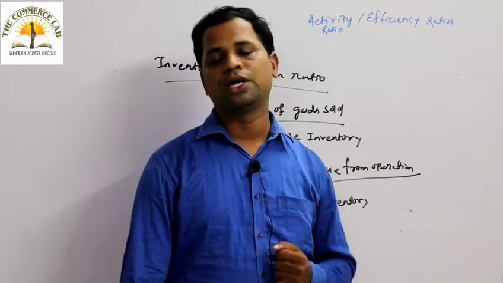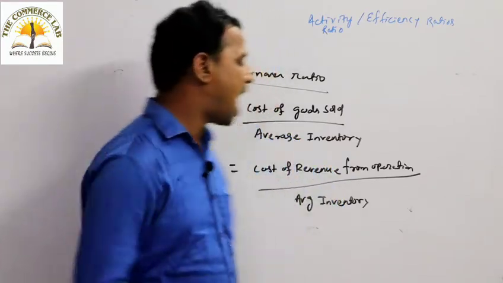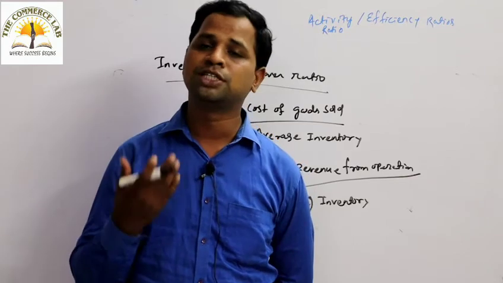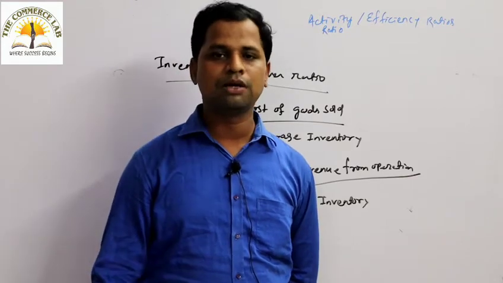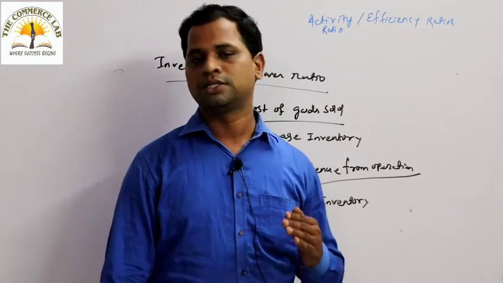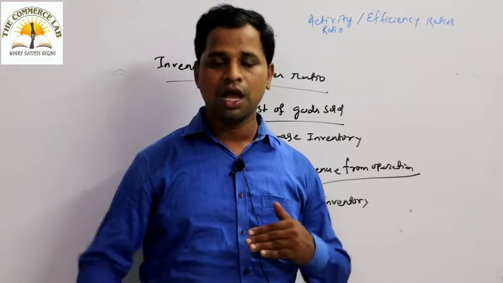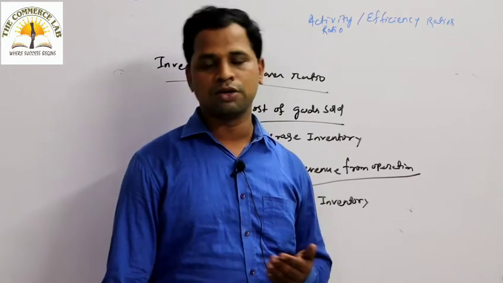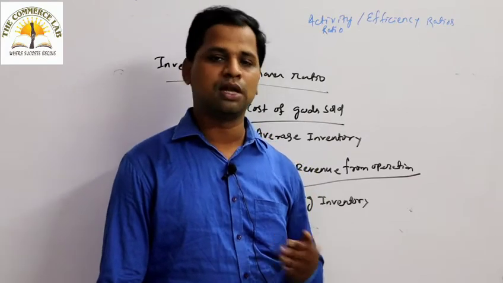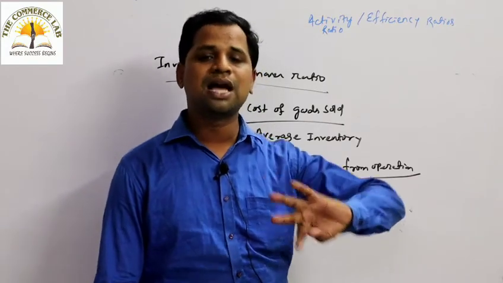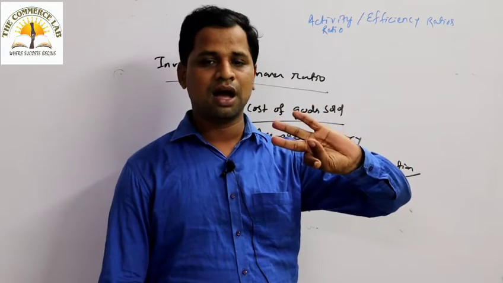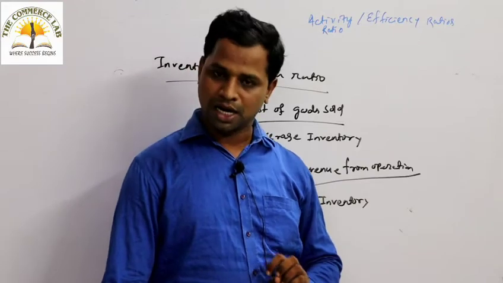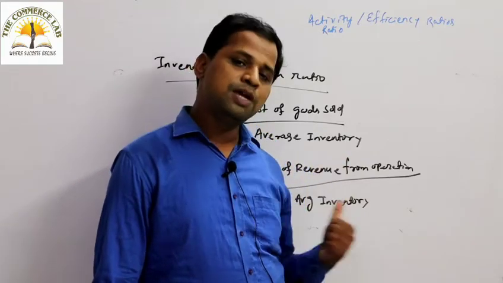That's why we calculate the inventory turnover ratio. The higher the inventory turnover ratio, the more efficient the company is. The lower the ratio, the more inefficient the company is treated. It is the stock velocity, meaning how many times in a year the inventories are cleared.